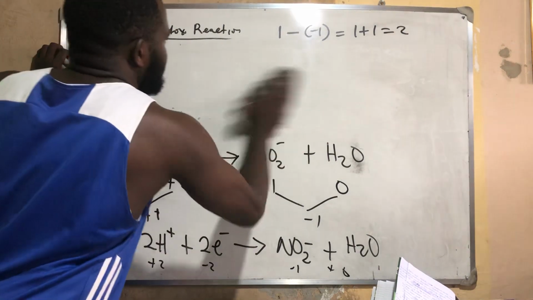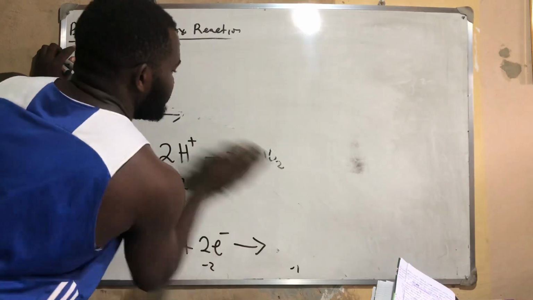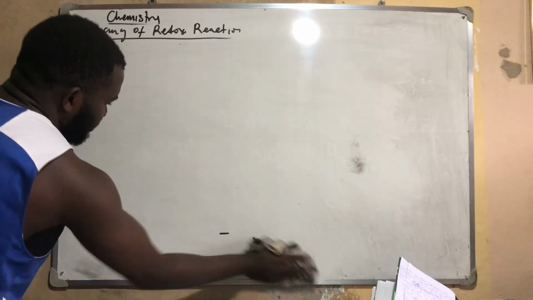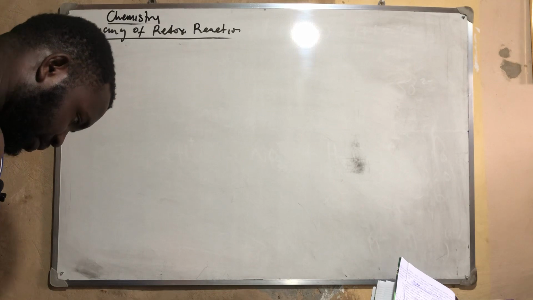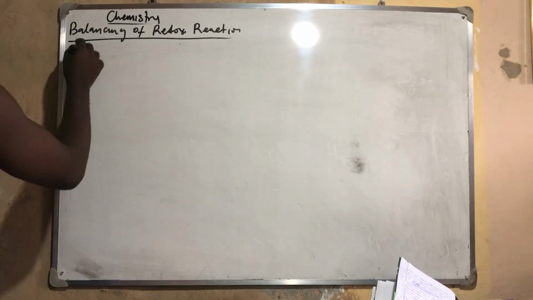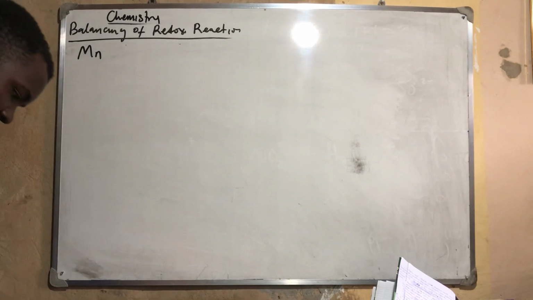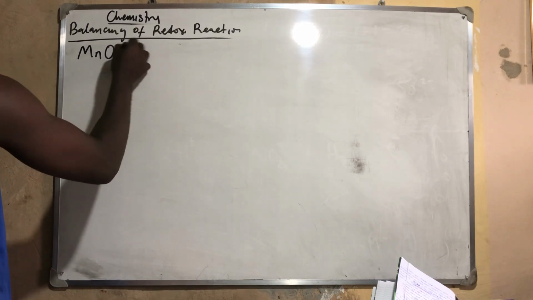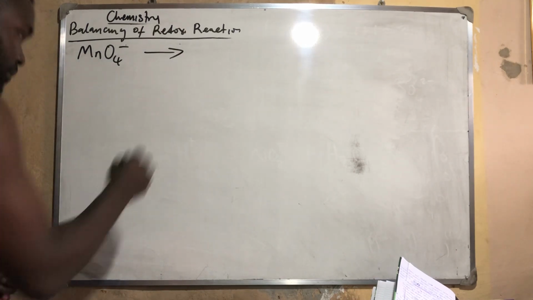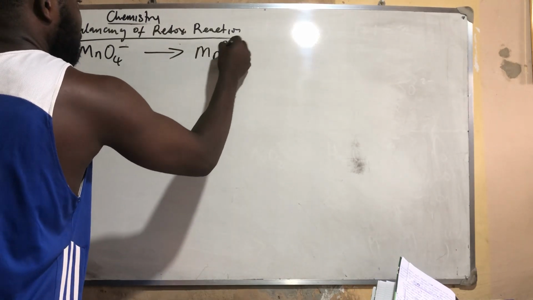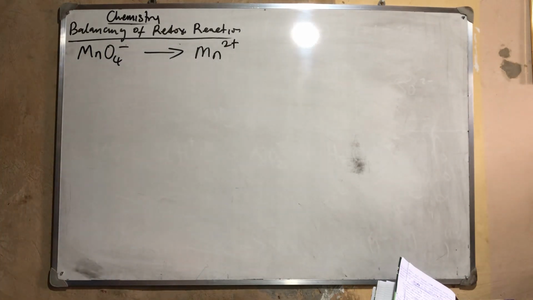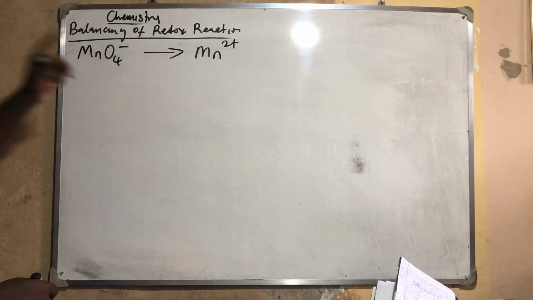Okay, so let's solve another example. This is very, very simple. Another example: MnO4 minus to give us Mn2 plus. Okay, so you see that this one has oxygen.